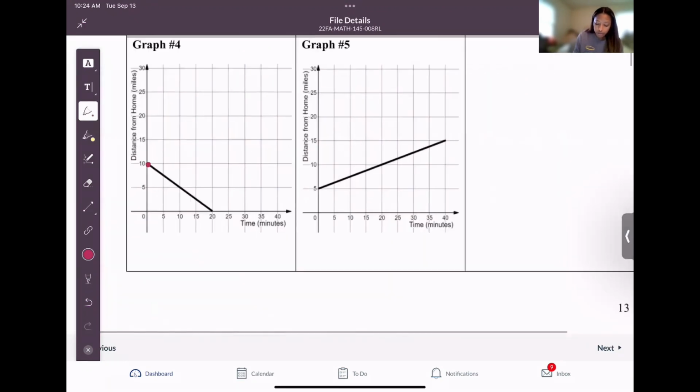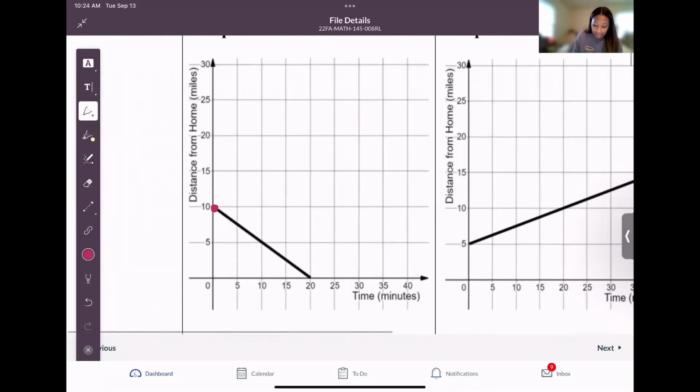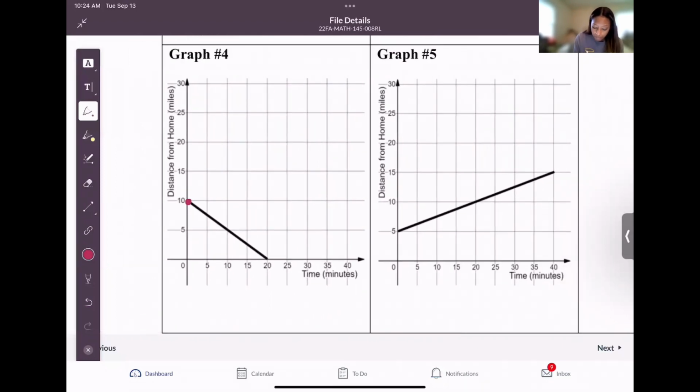But then also let's make sure that graph 4 makes sense. It says we start off 10 miles away, and then after 10 minutes, we are 5 miles away. That matches up. It says that we drove 5 miles in 10 minutes. So that matches up with what we have.